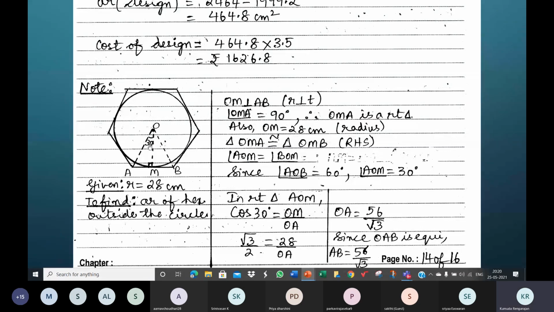So supposing you're given the radius, OM is the radius, and you know that AB is the tangent, and OM radius, AB tangent, so 90 degrees. Radius perpendicular to the tangent at the point of contact. So the radius OM is given to be 28.